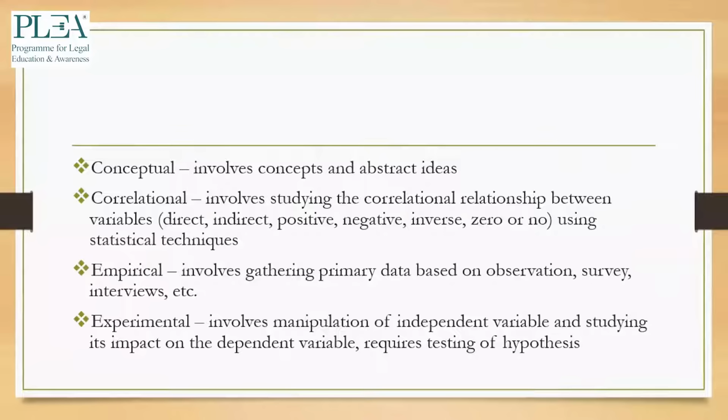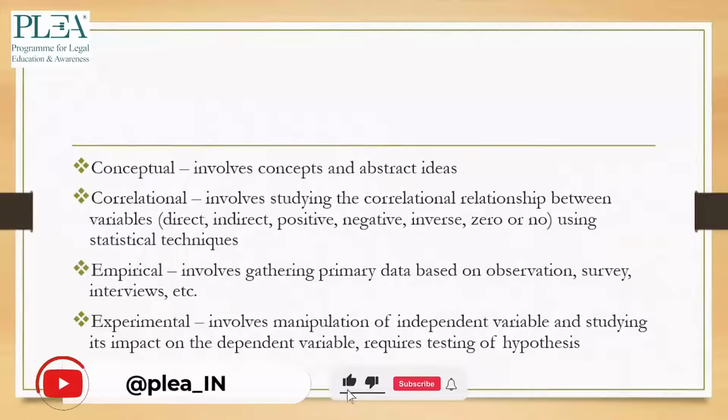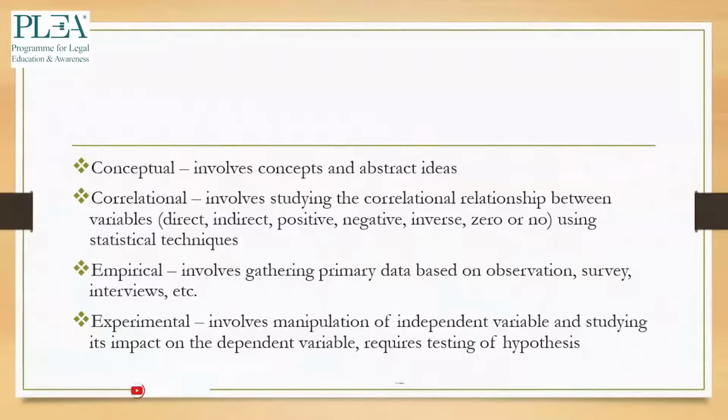That is observation studies. Survey: you can directly ask people to give their opinion about a particular thing. You can conduct surveys. Interviews, individual or group interviews, will give you primary data, and that data is really useful in order to arrive at certain important findings.